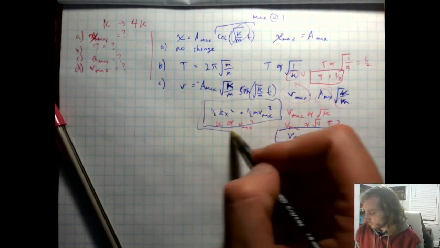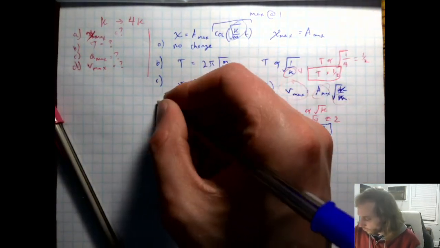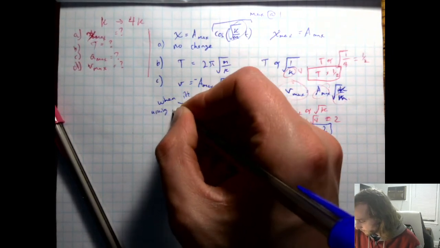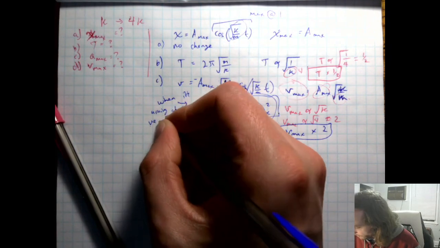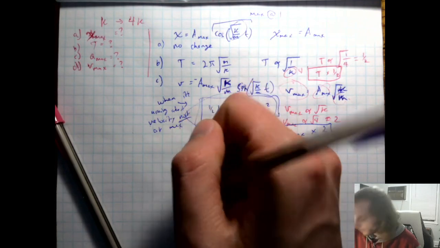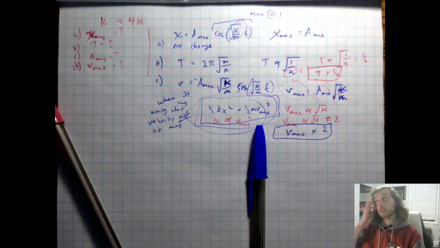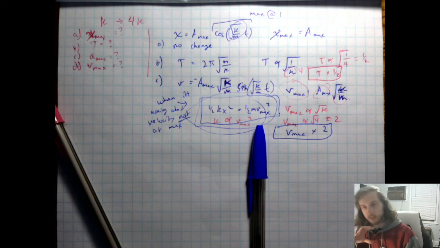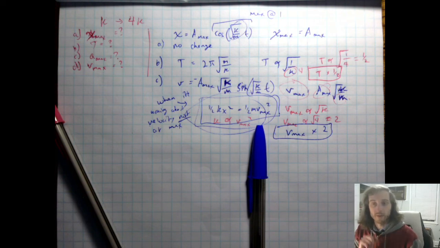This way in particular is really useful for when it's asking about velocity not at the maximum, because you can conceptualize that as some amount of velocity or some amount of energy that's been given to potential versus kinetic. Sometimes it can be really helpful to think about it as like a fractional amount of the energy.